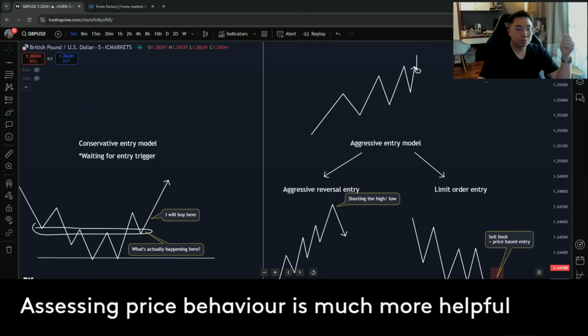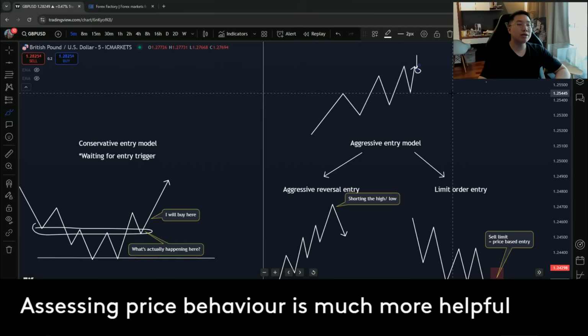I would much prefer seeing multiple rejection candles or price slowing down. Assessing price slowing down, the angle of the rejection, the number of wicks and tails. These are what we call assessing price behavior. By assessing price behavior, it allows you to observe the market with a lot more patience and at the same time gather more evidence.